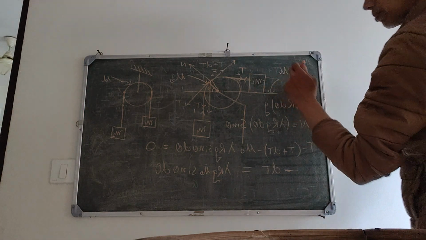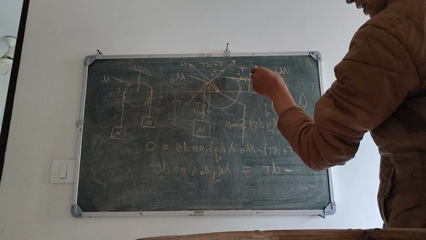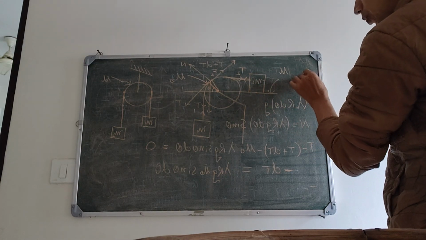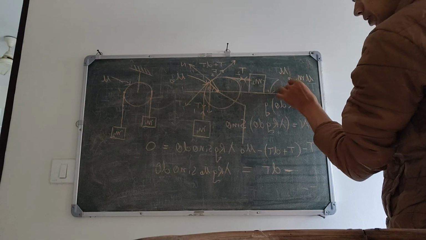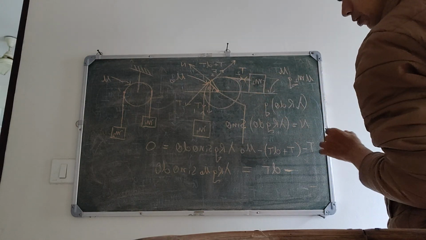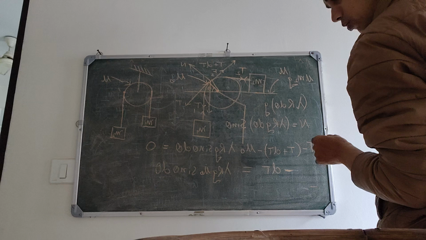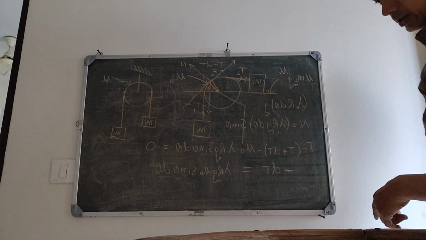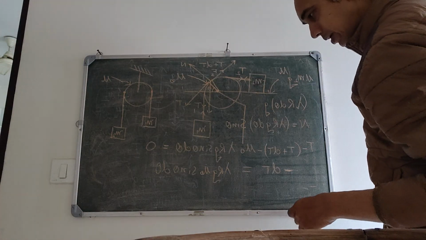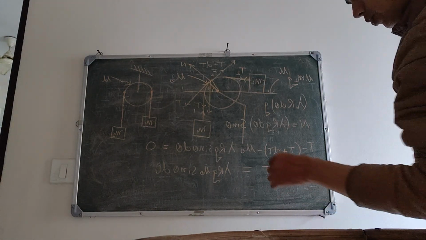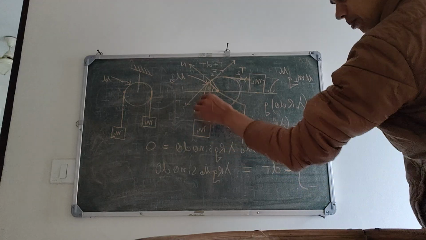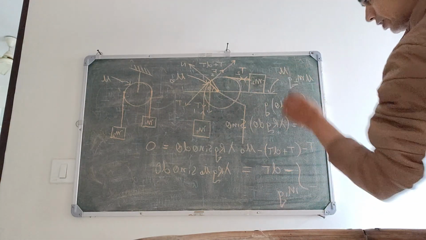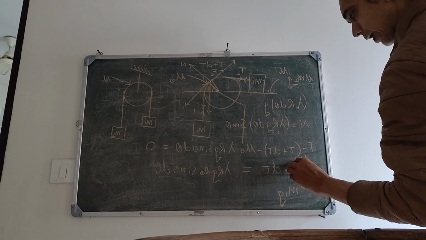See, if this is not to slip, which is what is being asked, then the maximum T we can get, up to T2, will be mu into M2g, mu times the normal. That can be the value of T2. We don't want it to slip, so that can be the value of T2. And from this equation, we know that the tension can be varied from M1g to a value which can go maximum up to mu m2g.